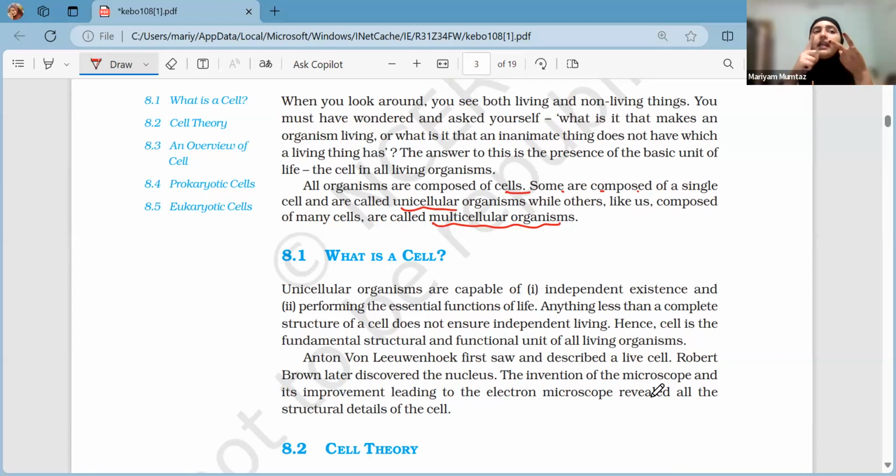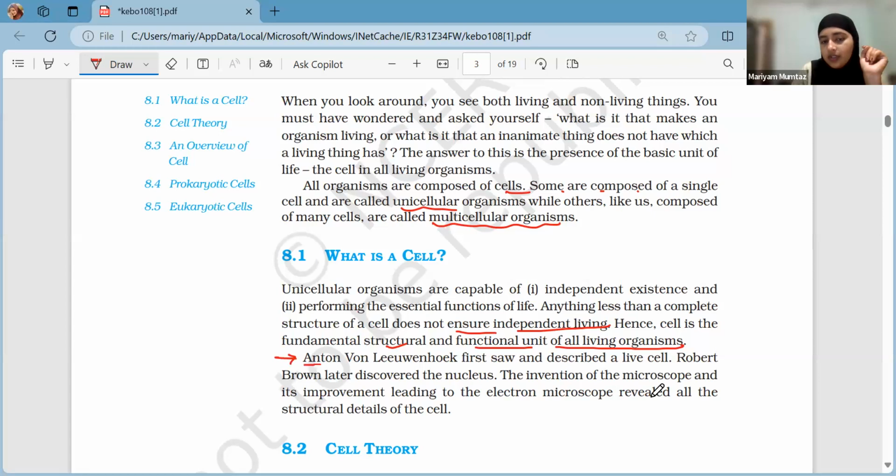Something that can exist independently and can perform all the essential functions of life, that is a cell. Anything less than a complete structure of a cell does not ensure independent living. Hence, the cell is the fundamental, structural, and functional unit of all living organisms.